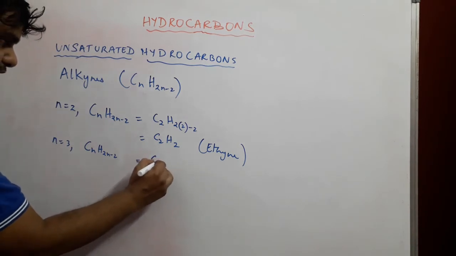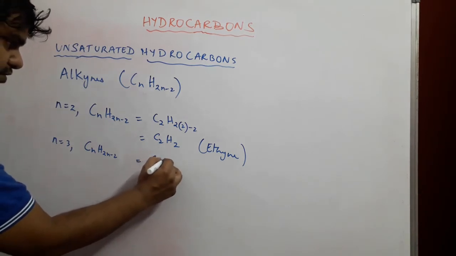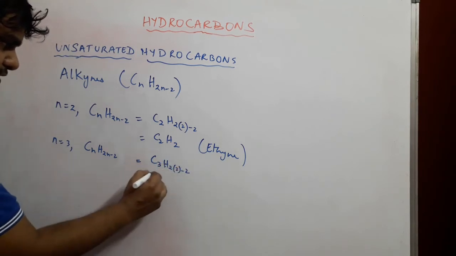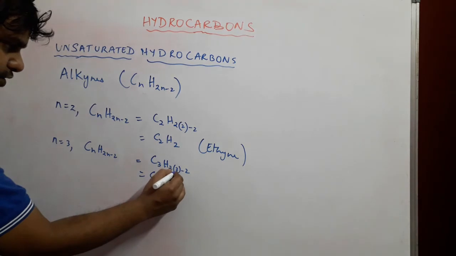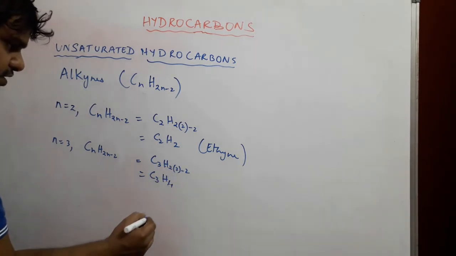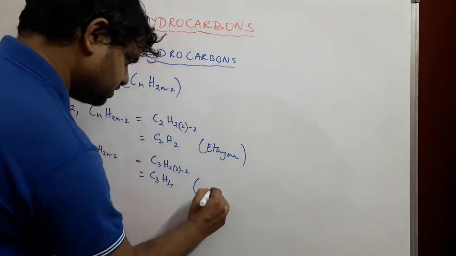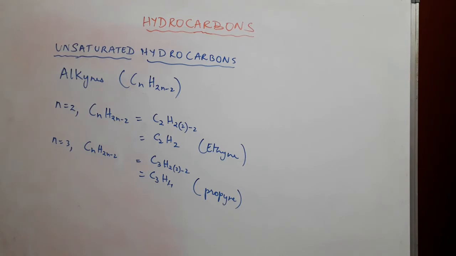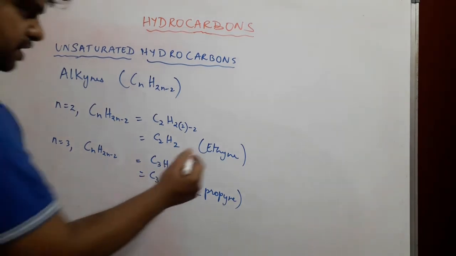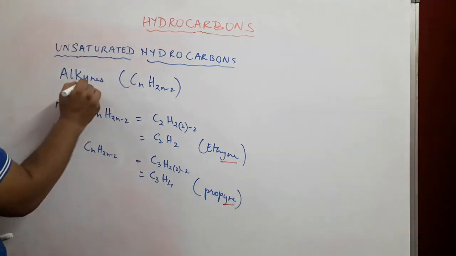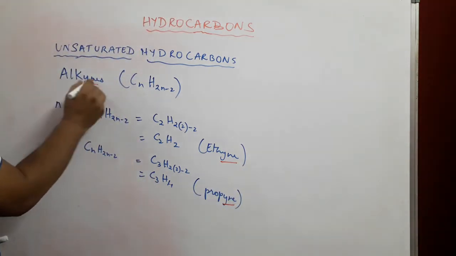Instead of n it will be 3 now, so we get C3, 2 into 3 is 6, 6 minus 2 is 4, so C3H4, and this is known as propyne. Notice over here how we have the suffix "yne", rhyming with the suffix over here, alkyne.